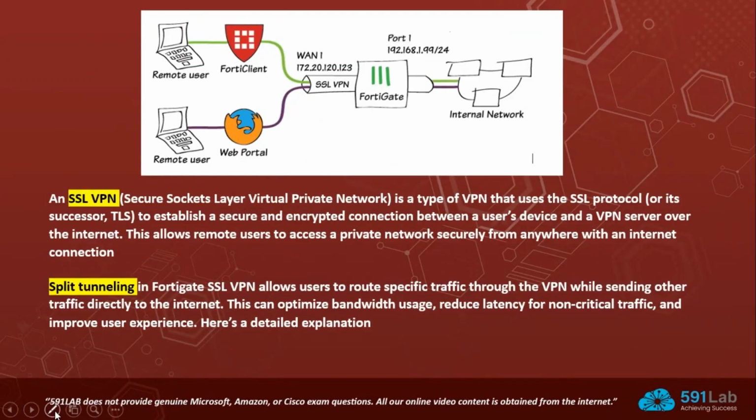To find out the correct answer, you need to first understand what is SSL VPN, then what is split tunneling. SSL VPN means Secure Socket Layer Virtual Private Network. It's a type of VPN that uses the SSL protocol to establish a secure tunnel and encrypted connection between users' devices and the VPN server over the internet.